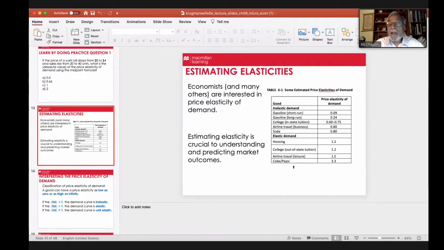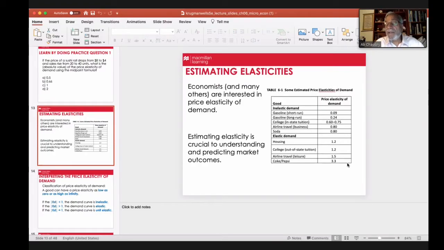But compare that with the soda, Coke or Pepsi, elasticity being 3.3. So we say here that the price elasticity of demand, to be specific, is so much greater for soda than it is for housing.